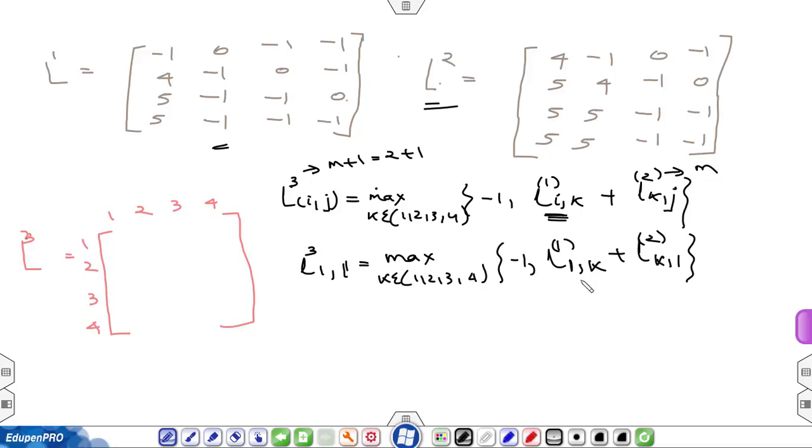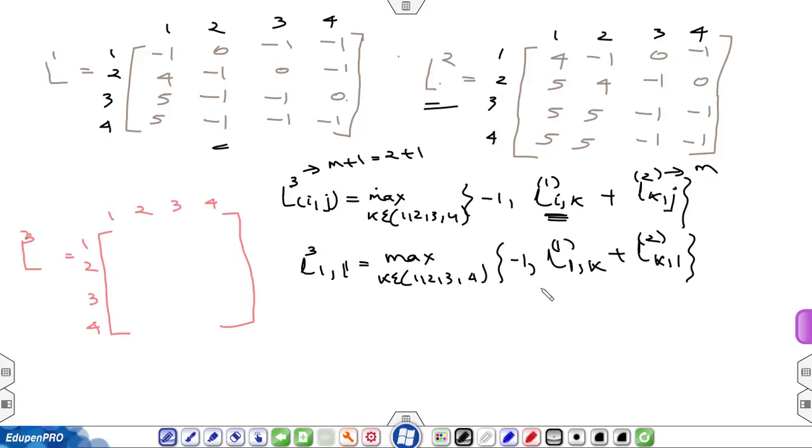So 1 comma k, this is row 1, 2, 3, 4, this is column 1, and this is row 1, 2, 3, 4, and this is column 1, 2, 3, and 4.